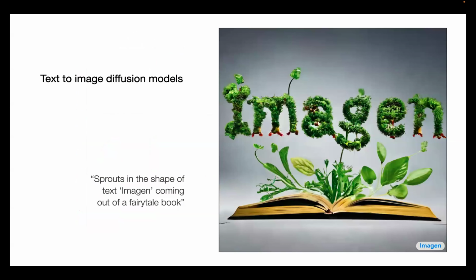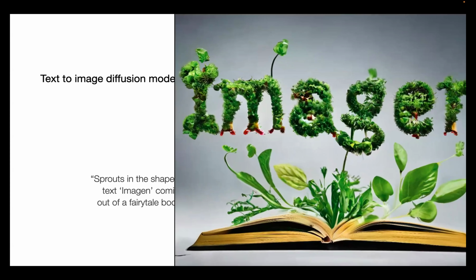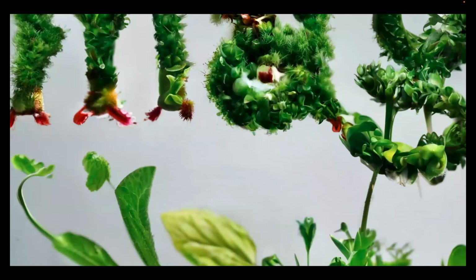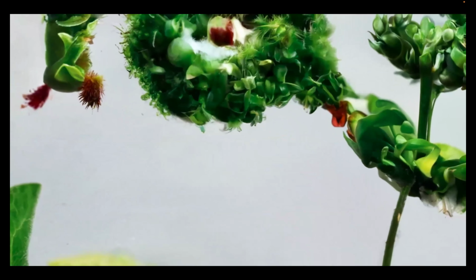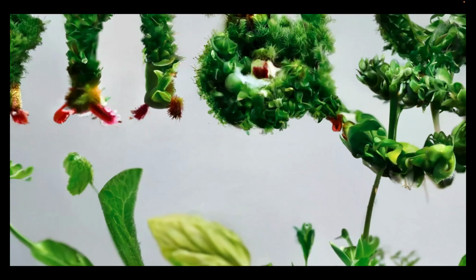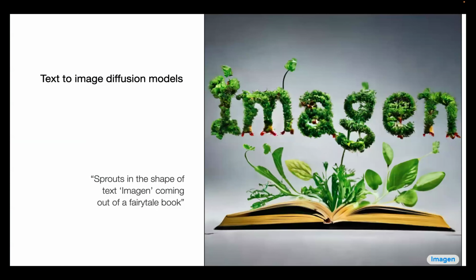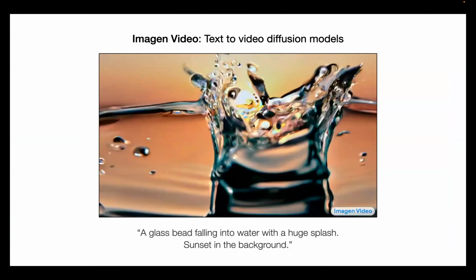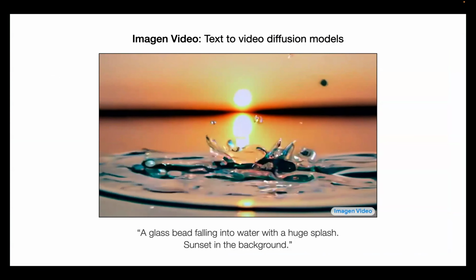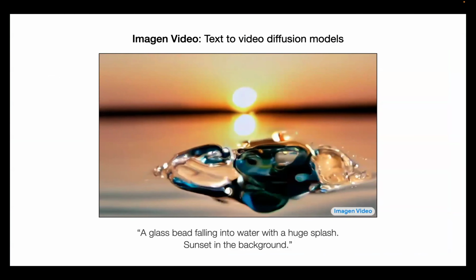From that, we started working on text-to-image models, which seemed like a really natural step. Again, we were trying to get to really high-resolution models, and it didn't work that well until we started using cascades. With cascades, we could grow these models and generate up to 4K images, like this one here, which again was pretty stunning. And then we moved on and started to work on video models.